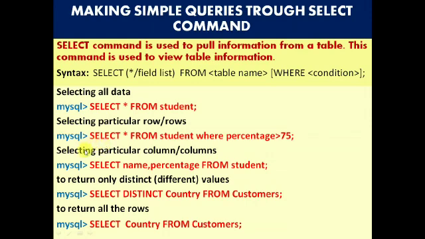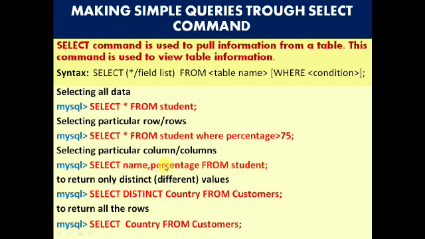Now coming to the next, selecting a particular column or columns. Suppose in my table I have 10 columns, but I want to specify only the name and percentage from that table. So after select you can specify the list of the columns from student.